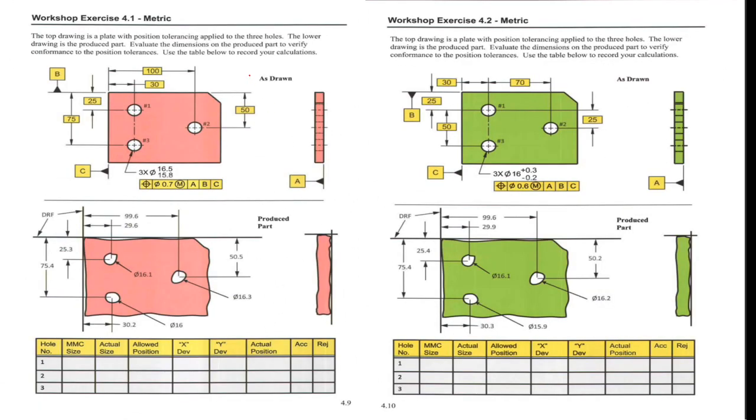Then here we have some drawings of the parts, and here we have the produced part dimensions, and we have to verify if the part is accepted or rejected. Normally we use these Excel calculators to find out if the part is accepted or rejected.